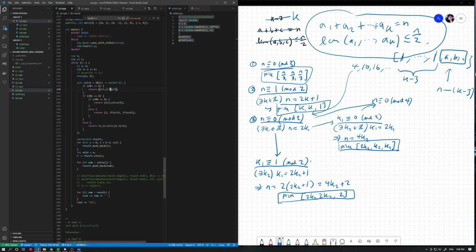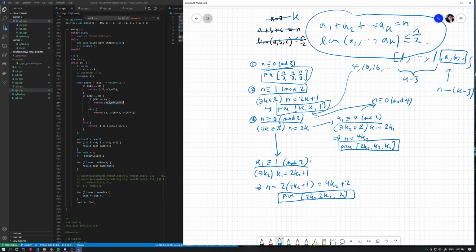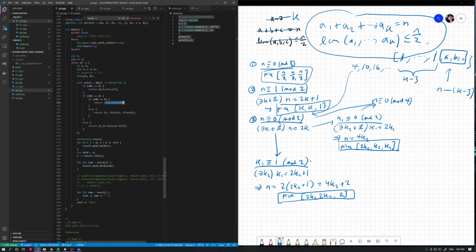The main meat of the algorithm is here. So case 1, if n is 0 mod 3, then I just return n over 3, n over 3, n over 3. Here, if n is 0 mod 4, then I return n over 2, n over 4, n over 4. And if you solve these k values in terms of n and plugged it in, you would get the same thing.